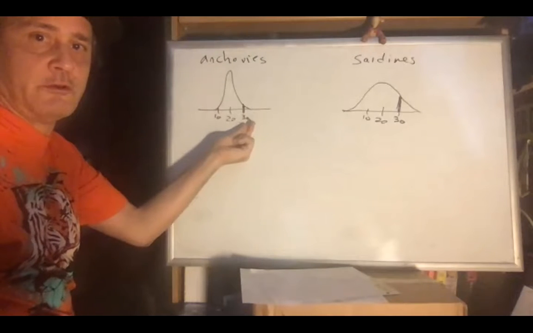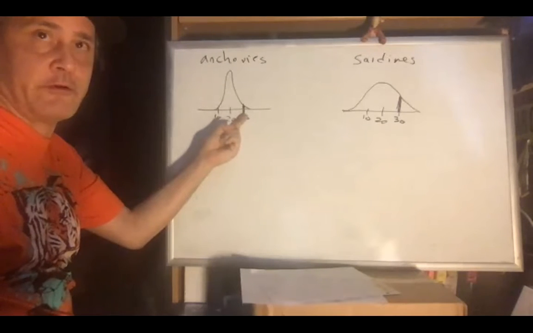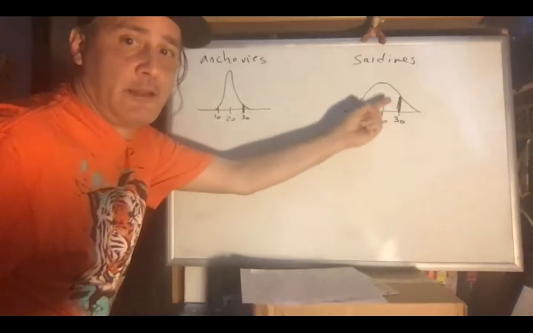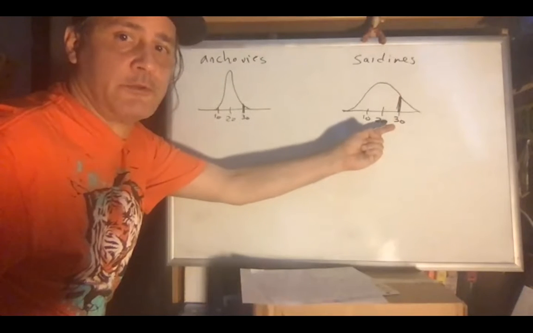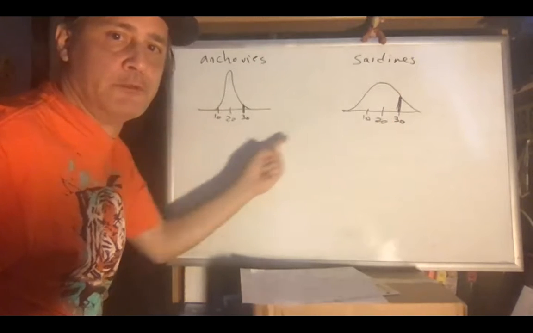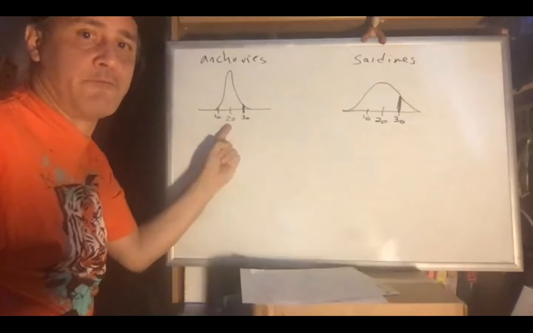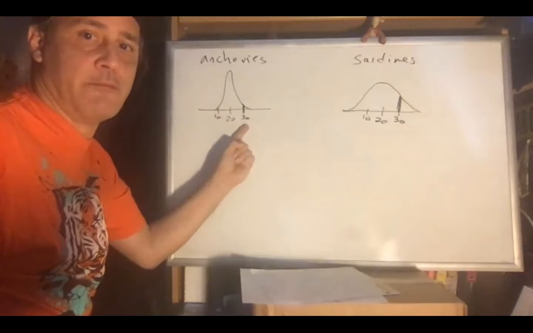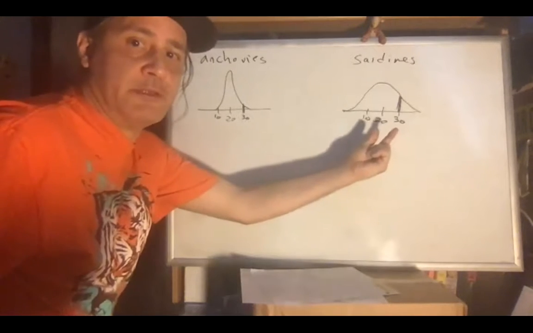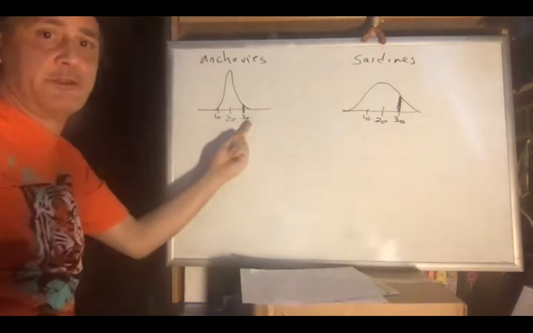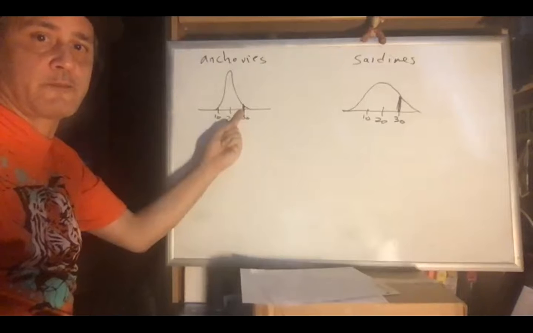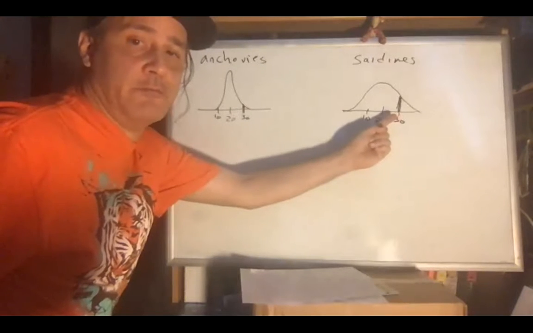For anchovies, a 30-gram fish is pretty rare. But for sardines, that height of that bar is a lot more. For sardines, a 30-gram fish is a little more common. Right? But both of these have the same mean, and for both of them, 30 minus 20 is 10. But 10 above the mean means something different. Relative to anchovies, 10 above the mean is less common, more rare. Relative to sardines, 10 above the mean is more common.